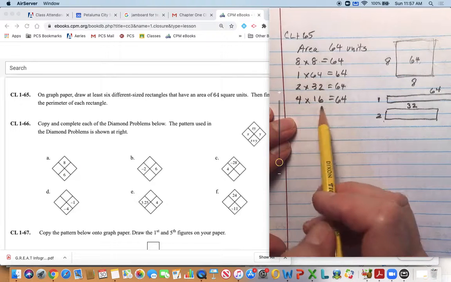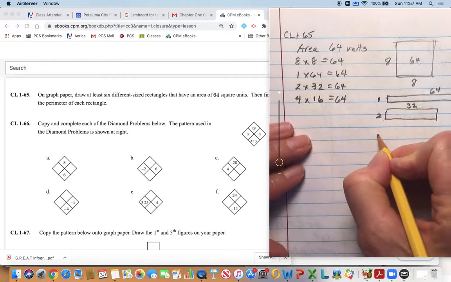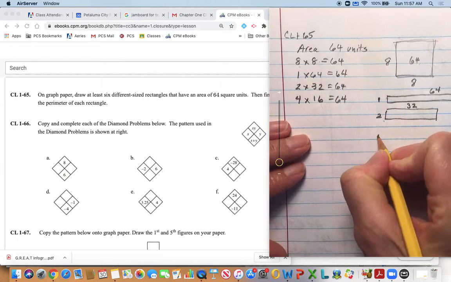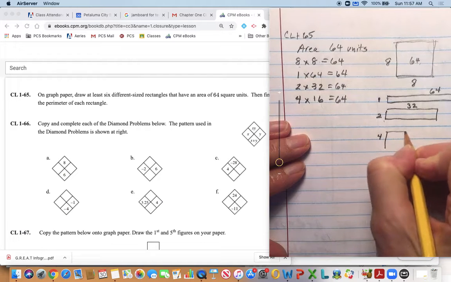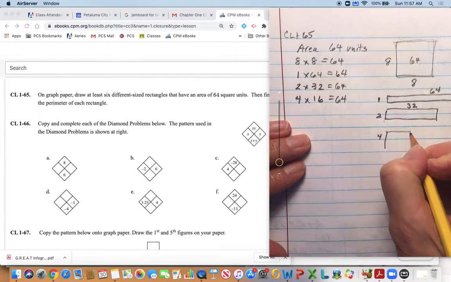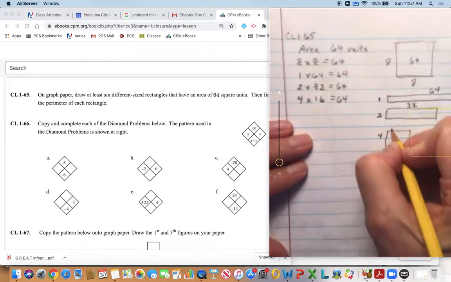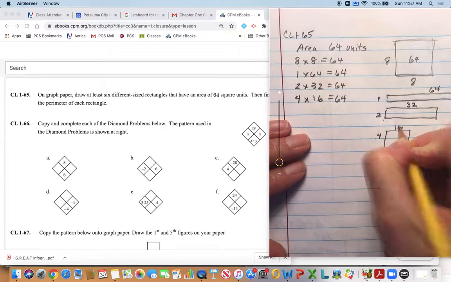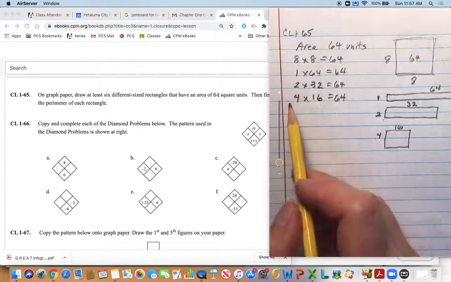And then we're just retracing our steps. Okay, so we pretty much figured out the ones. So this one is going to be really short and fat. This is going to be half of the 32 length. So it's going to be 4 by 16. Okay, and that's what we can do with integers.